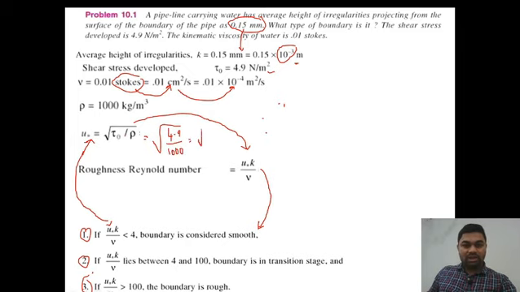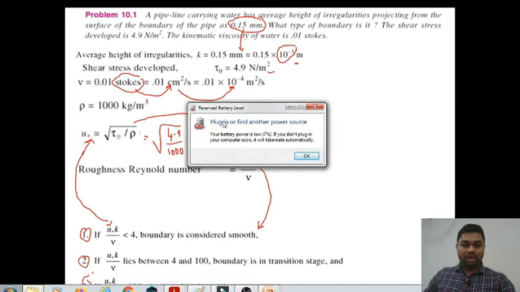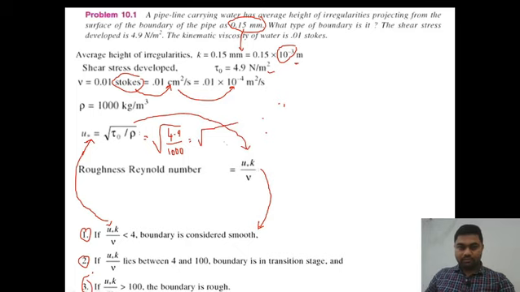This is equal to under root 0.0049. If you solve this, you will get the shear velocity as 0.07 meter per second.